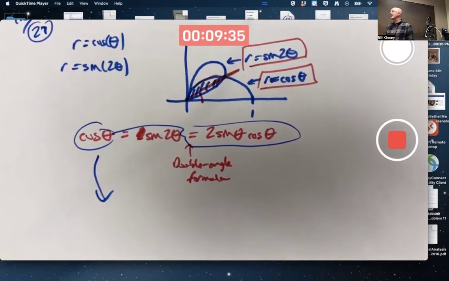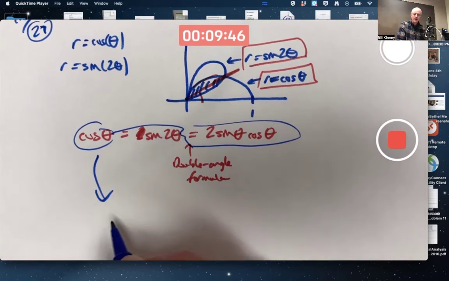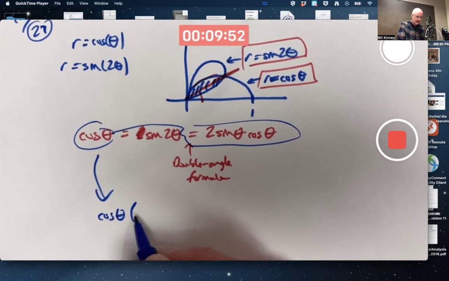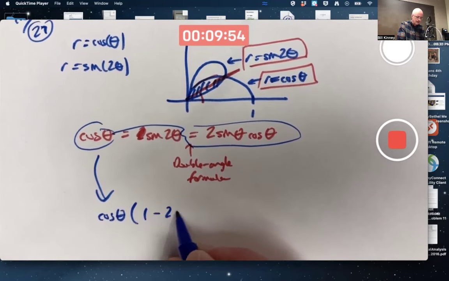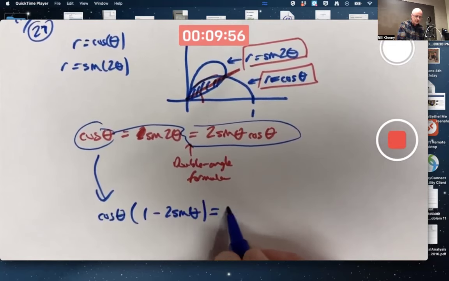Now it's tempting to cancel the cosine of theta here right away, get rid of the cosine. And that technically does work here because the angle is in the first quadrant. But in general, instead of dividing both sides by cosine theta, you'd want to rearrange and have cosine theta factored out on one side like this, and 0 on the other side.